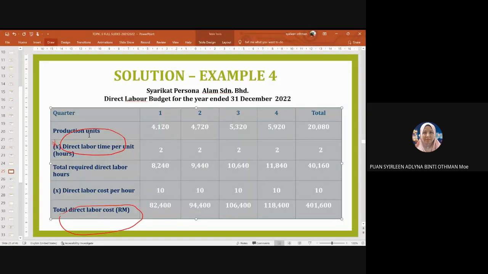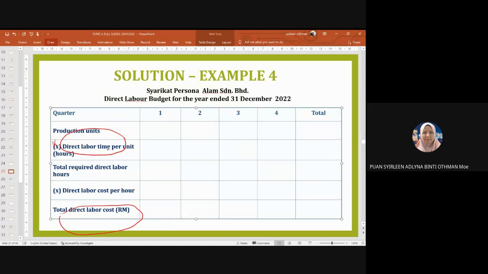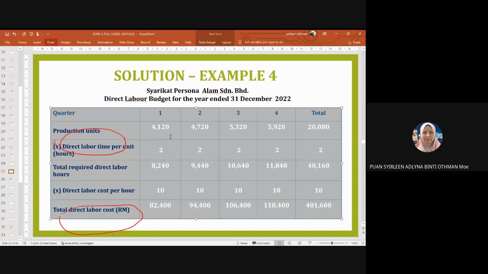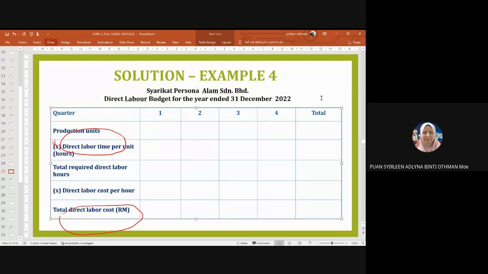Who is surprised? This is actually the previous annotation, I can't write. So the production units are taken from your production budget. I'm going to do it manually since I can't draw anymore. I'm going to stop sharing for a moment before I fix this.